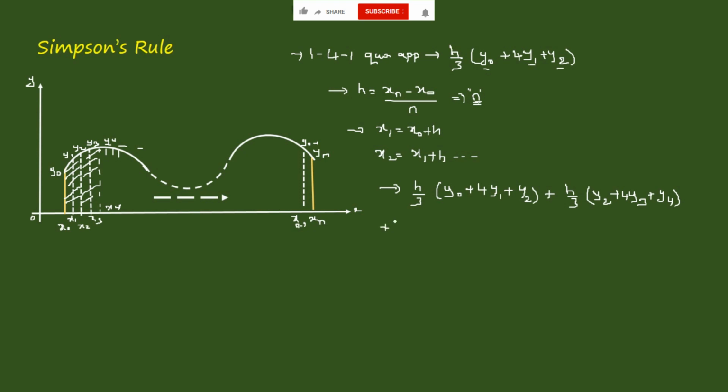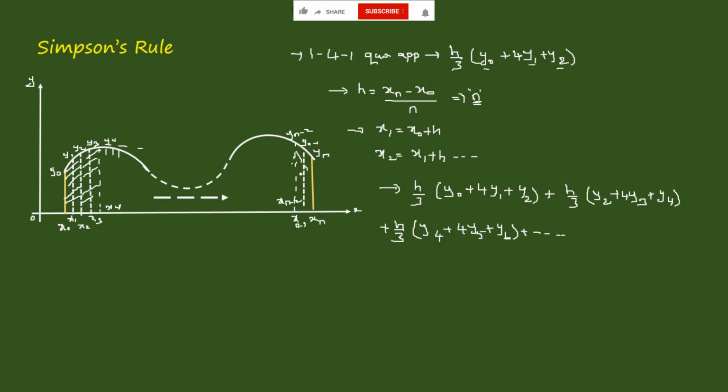Then we get plus h by 3 into y4 plus 4 times y5 plus y6, and so on it will go. Here also consider three terms: this is x of n minus 2, this is y of n minus 2.